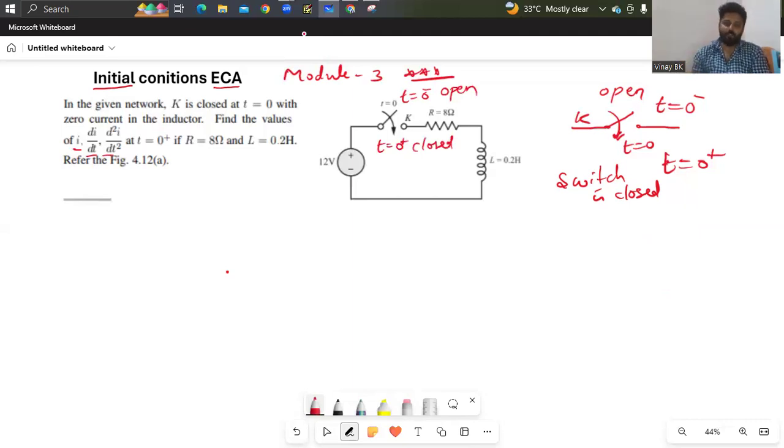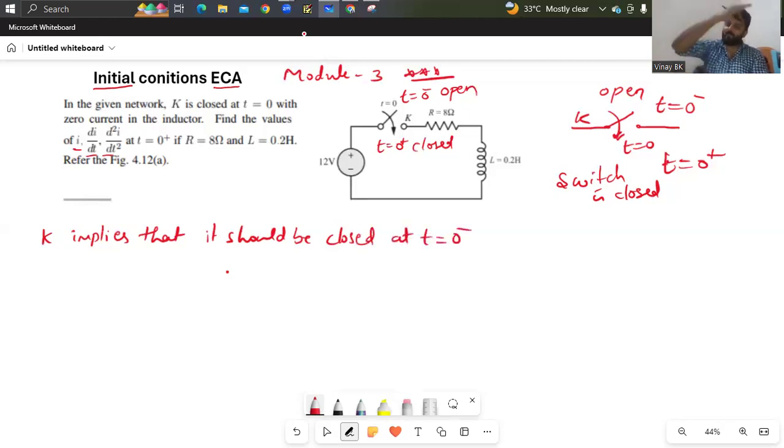So just have to write some words, that is, for switch K it implies that it should be open at t equals to 0 minus, before closing the switch, and it should be closed at t equals to 0 plus.